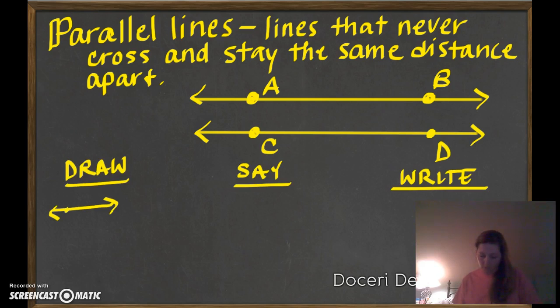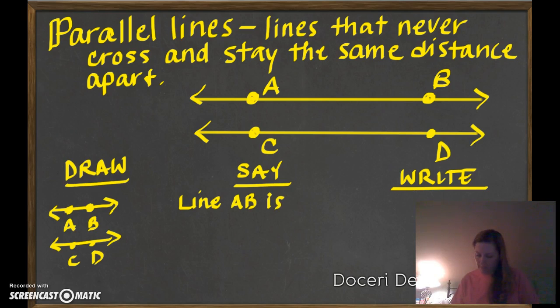And when we draw them, we really would just draw a picture showing that the two lines would not be crossing. When we say it, we would say line AB is parallel to line CD.